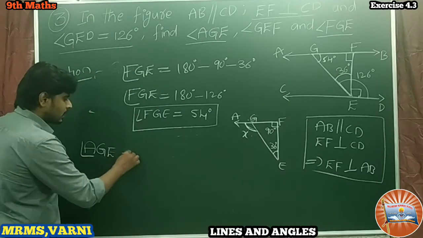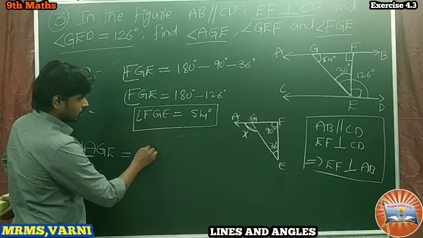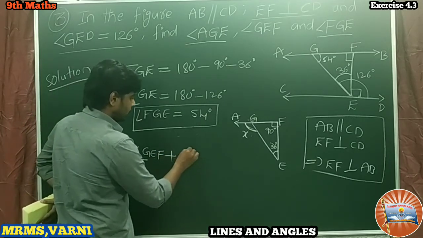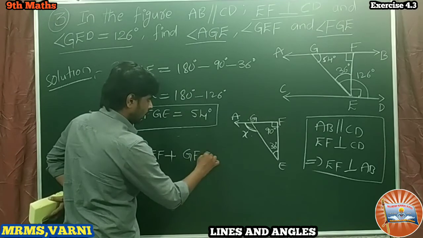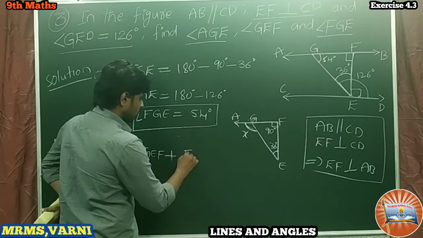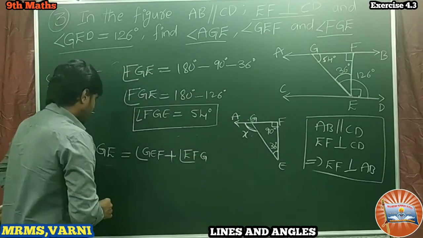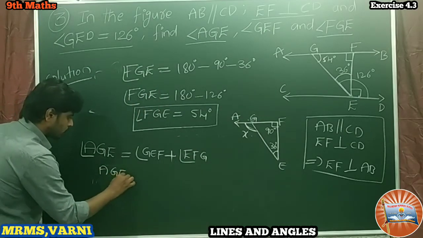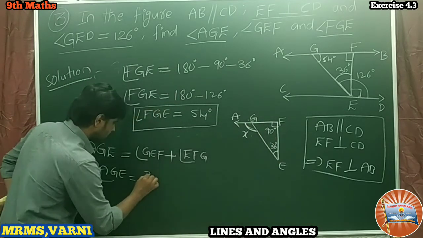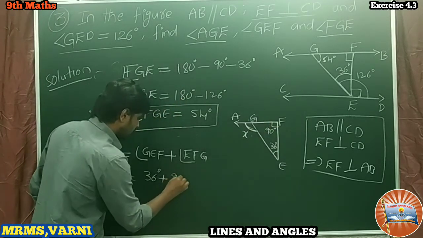So angle AGE is equal to angle GEF plus angle EFG. GEF is 36 degrees plus EFG, that is 90 degrees.